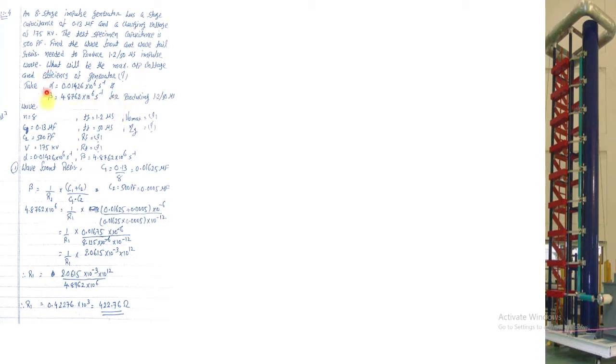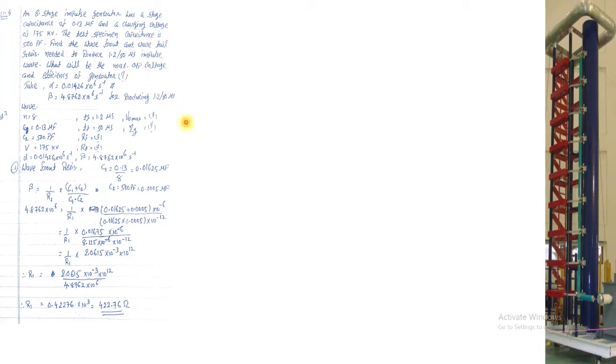Here the time constants alpha and beta are given to you. Alpha is 0.01426 into 10 raised to 6 second inverse, which is your discharging time constant, and beta is 4.8762 into 10 raised to 6 second inverse, which is your charging time constant for producing 1.2 by 50.